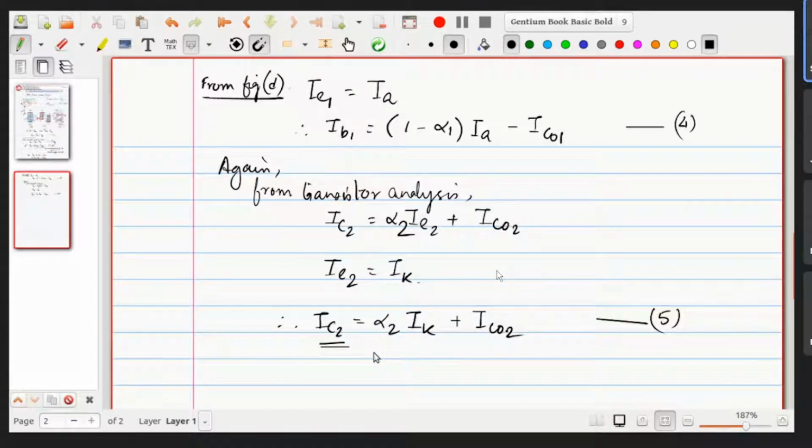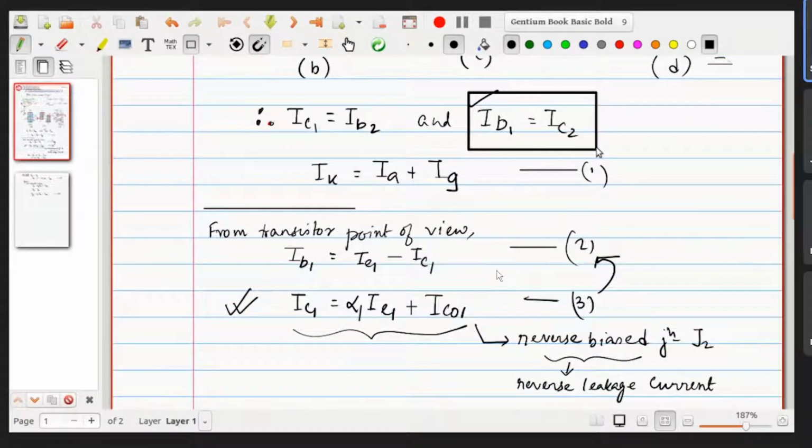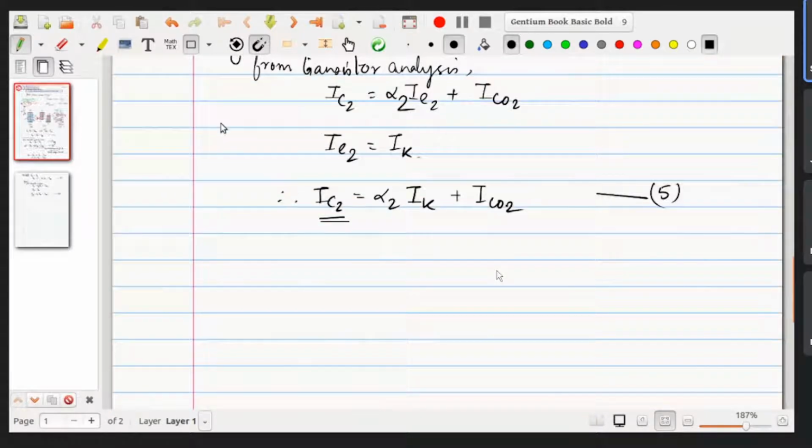This is IC2. So how we can find it? If we now substitute equation number 4 and equation number 5 in this particular place of IB1 equal to IC2. Let me write once again. It will be easy for us to understand.